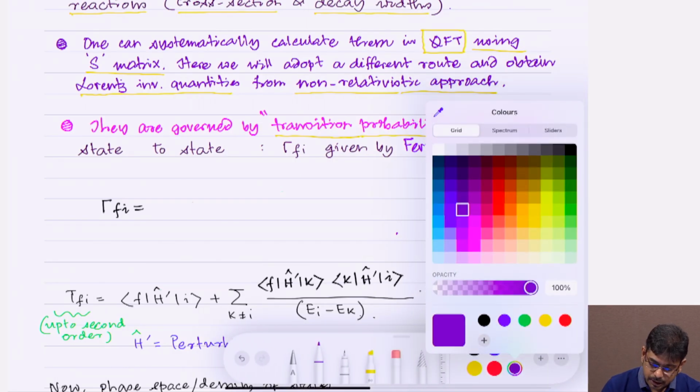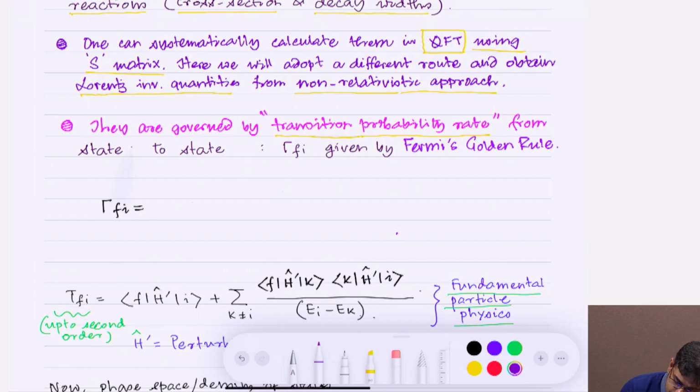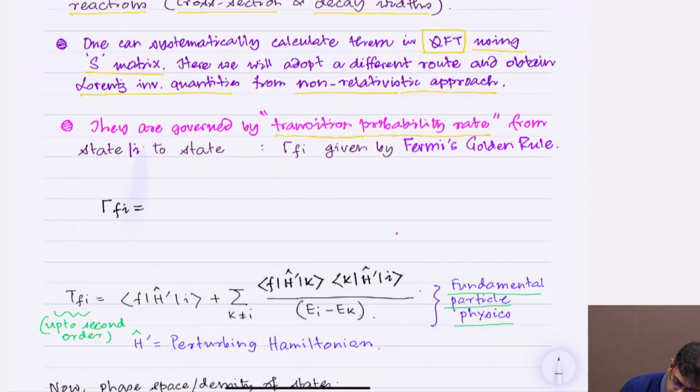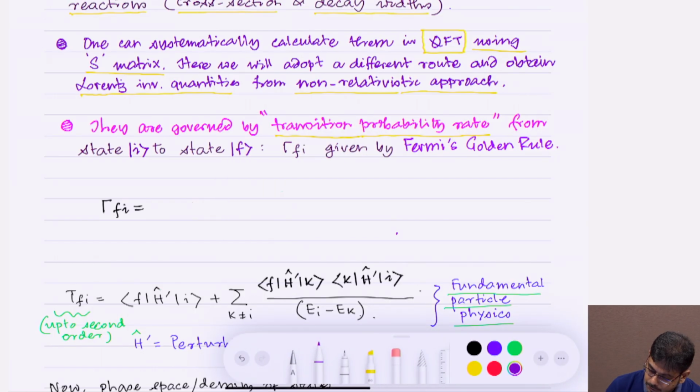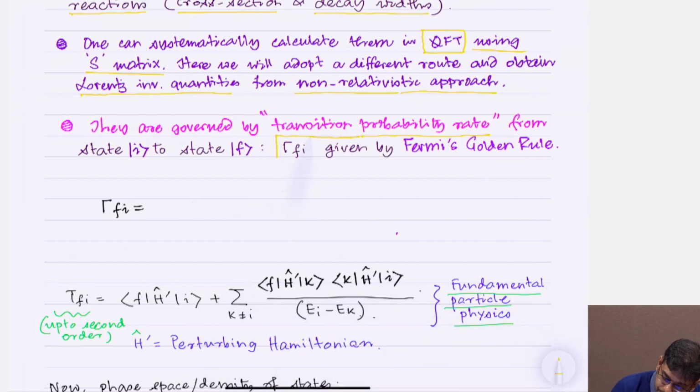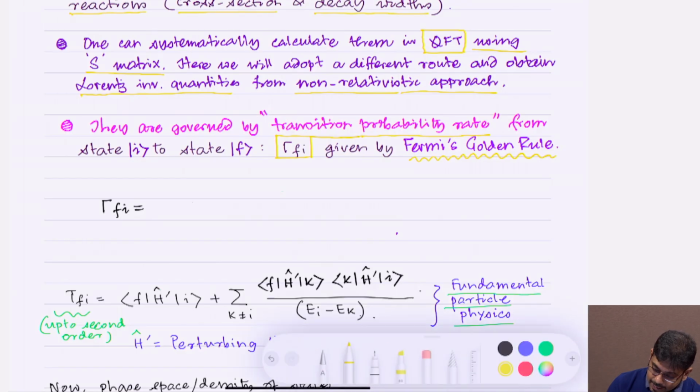So, it is a transition from state I to state F, and this transition probability rate is identified with what we call gamma Fi, and it is given by Fermi's golden rule.